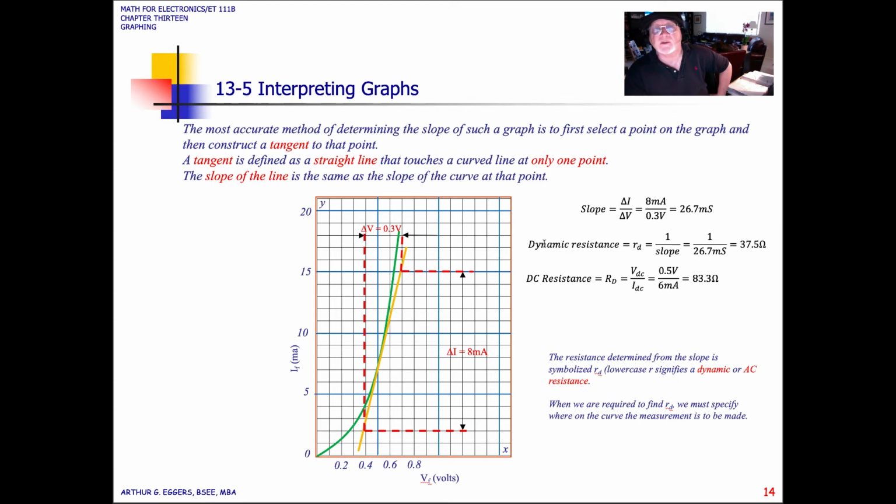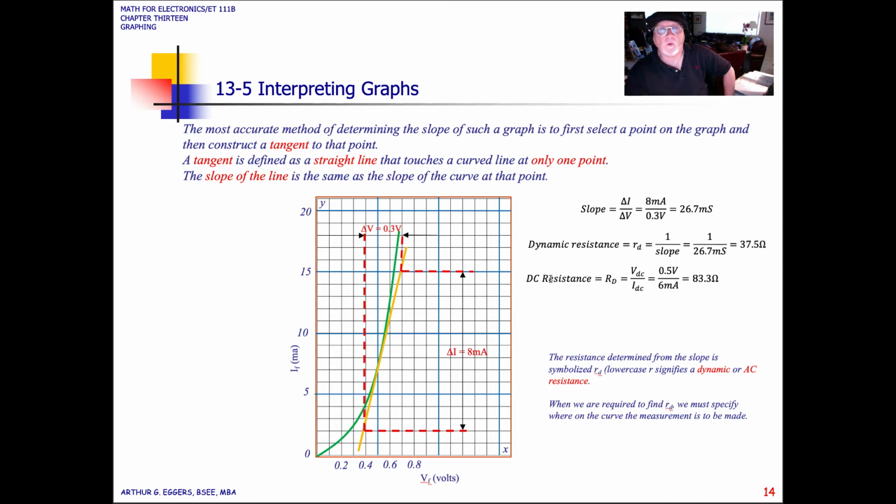One is based on what's called a dynamic resistance, and one is actually an instantaneous value called the DC resistance. So the dynamic resistance, little r sub d, is equal to the inverse of the slope, 1 over. So we can take that value that we calculated, 26.7 millisiemens, and do an inverse on it, and we get a dynamic resistance of 37.5 ohms.